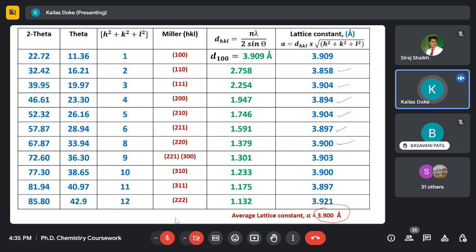So this average lattice constant we calculated from the diffraction pattern of the research paper.